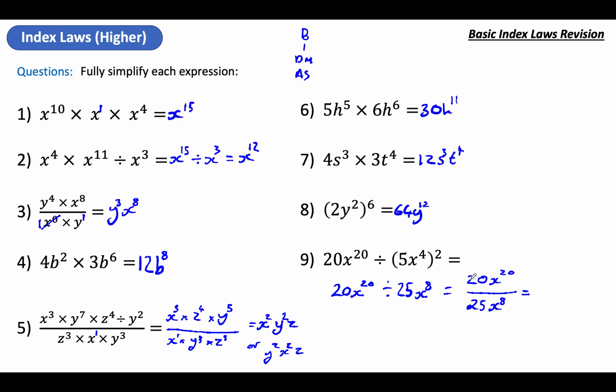But what I can do is divide them both by anything they divide by. So it's just like simplifying a fraction. If I was simplifying 20 over 25, I would divide the top by 5 to get 4, and I'd divide the bottom by 5 to get 5. So I would be left with 4x to the power of 12 over 5, because the 4 and the 5 will not simplify any further. Okay? Right. Well done.